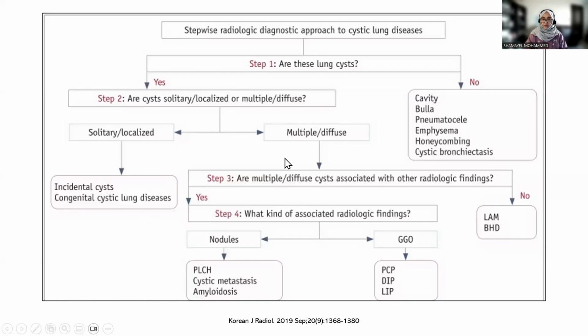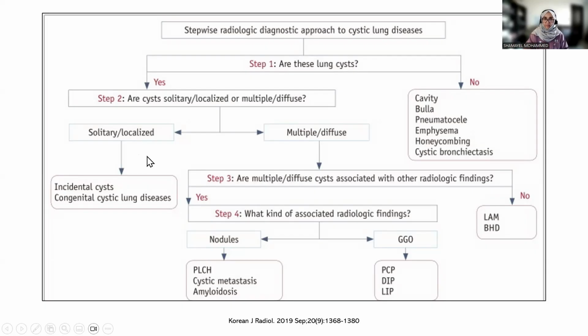Now, a good point or area to start with when working up these cystic lesions is to answer whether they are real cysts or not. So once they are real cysts, you can use this very handy algorithm to come up with a differential diagnosis. If it is a real cyst, the next question is whether it is solitary, localized, or multifocal and diffuse.